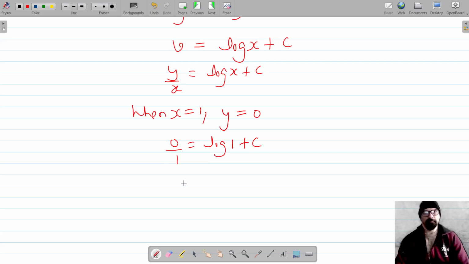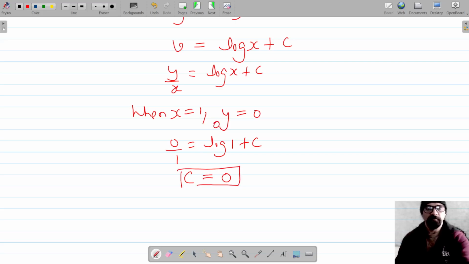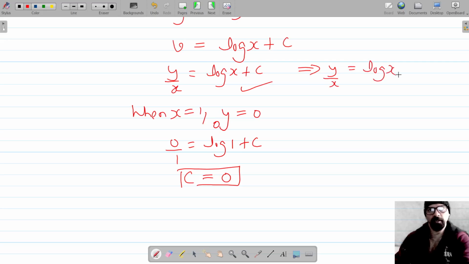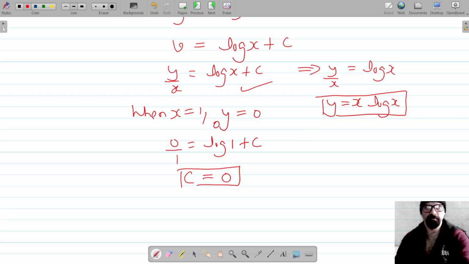So 0 by 1 is 0, and log 1 is also 0. So c is equal to 0. So this equation now reduces to y by x is equal to log x, and y is equal to x log x is the particular solution for this one.